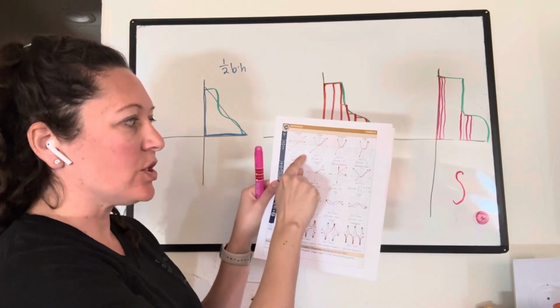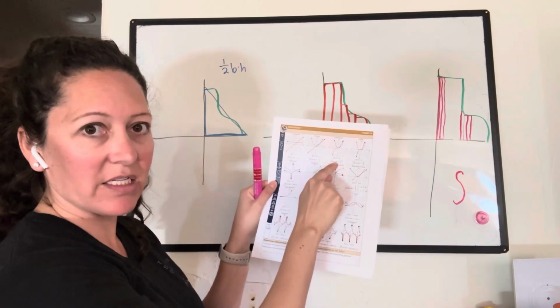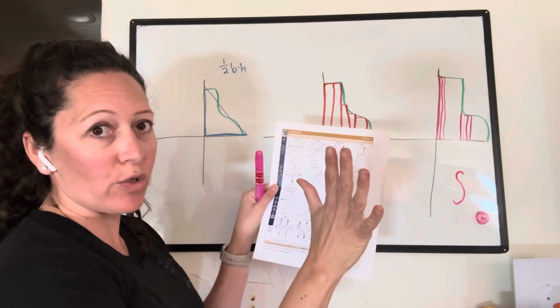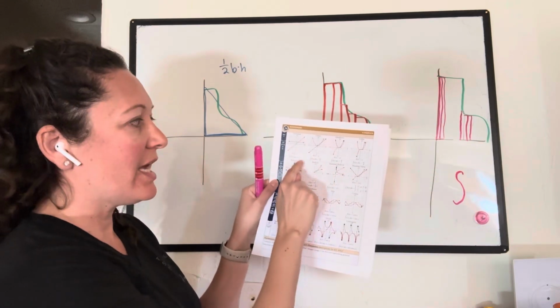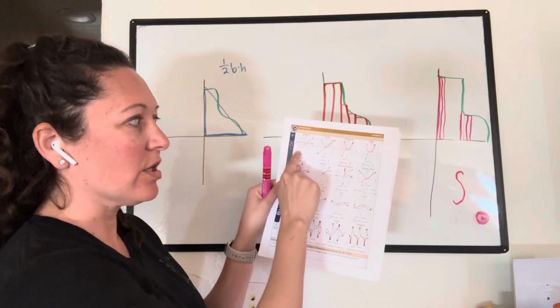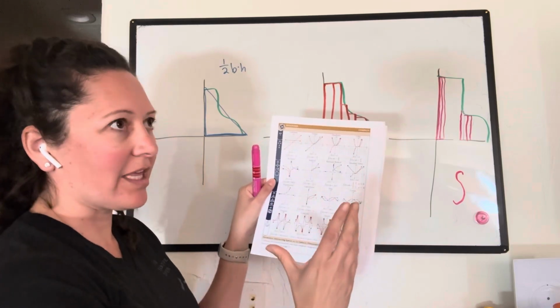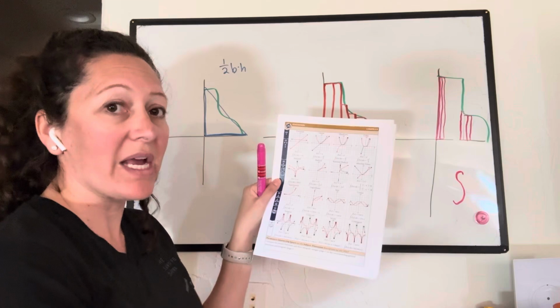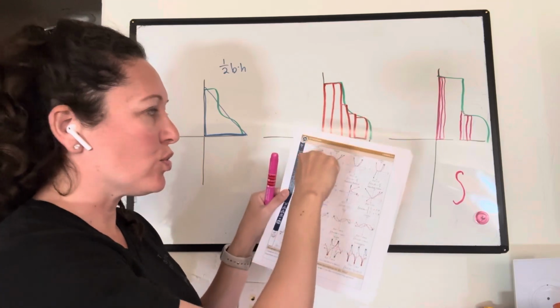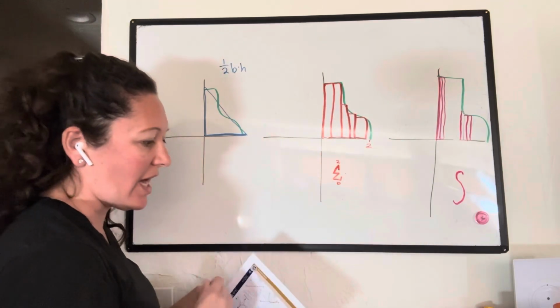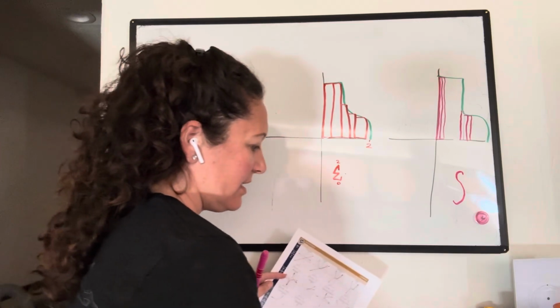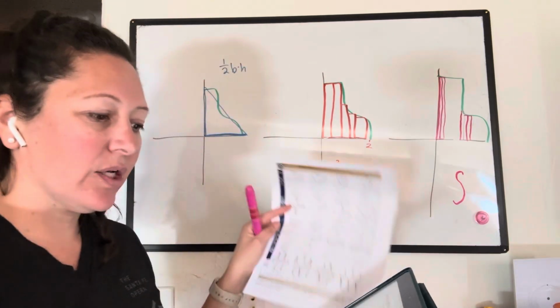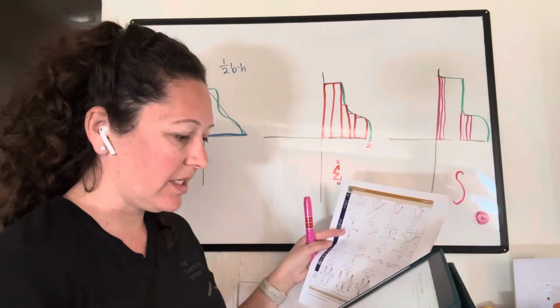On all of these, you could just add a little plus c to the bottom, but they're just assuming that the y-intercept, or the c value, is 0. That's why they don't list them here. So you're just looking at these in the most basic form where your y-intercept is at 0. But you could move those graphs along the line and it still works. You haven't changed anything on the integration.